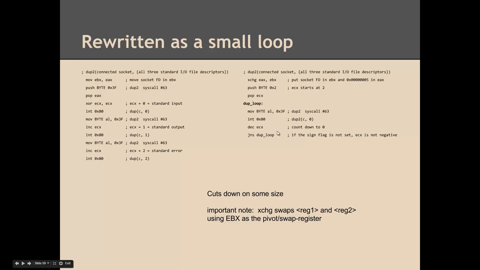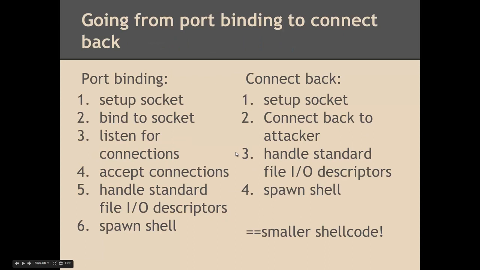It's going to decrement it from 0 to -1, and it's going to say, oh hey, the sign flag is set, continue, don't jump back. And then you can do the execve shellcode, and the connect back turns out to be shorter, fewer steps, and defeats these security tools that we have to prevent attackers from hacking things. And it's just funny how the connect back actually plays out to be smaller shellcode and a more powerful one.